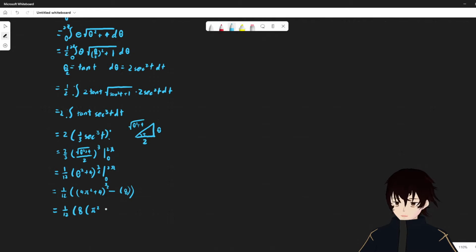And then we get pi squared plus 1 to the power 3 over 2, minus 1, times 8 over 12, which is 2 over 3. Yeah.